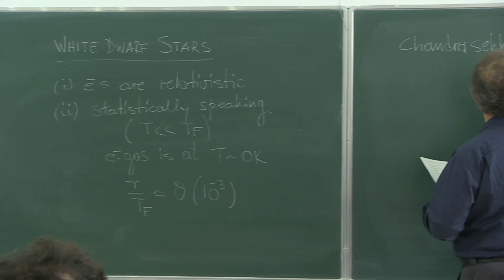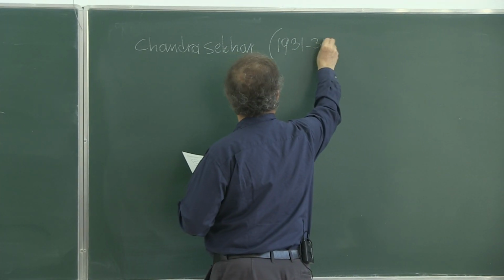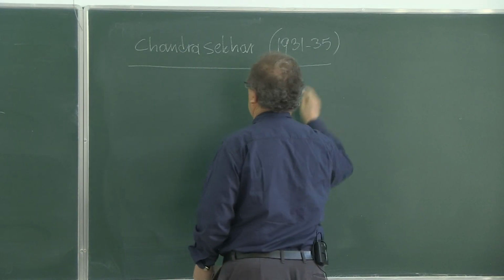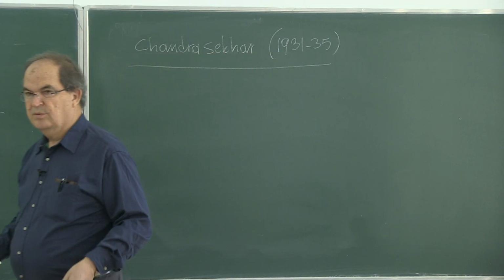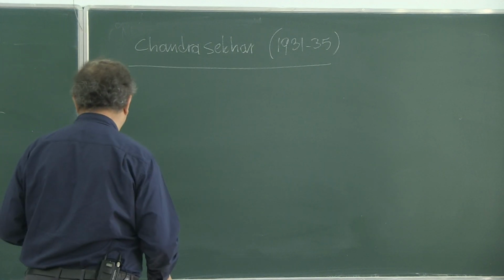Chandrasekhar's model appeared around 1931 and 1935. Most important contributions to this problem were made by this physicist.